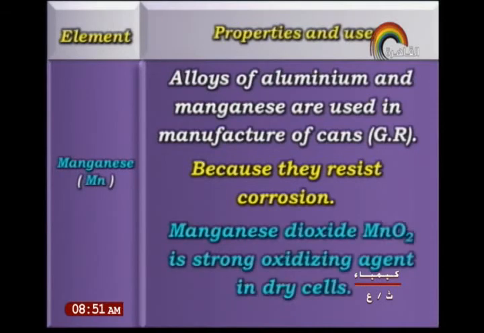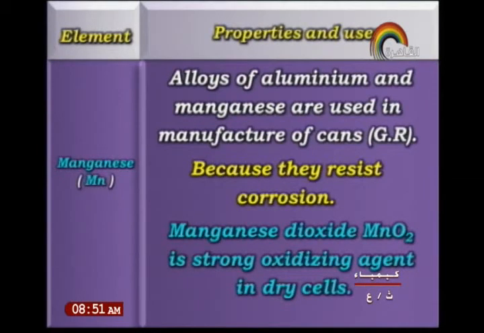Then manganese dioxide, another use for manganese compound. Manganese dioxide is used as a strong oxidizing agent in dry cell. So we took manganese dioxide as oxidizing agent, and we also took potassium dichromate as oxidizing agent.